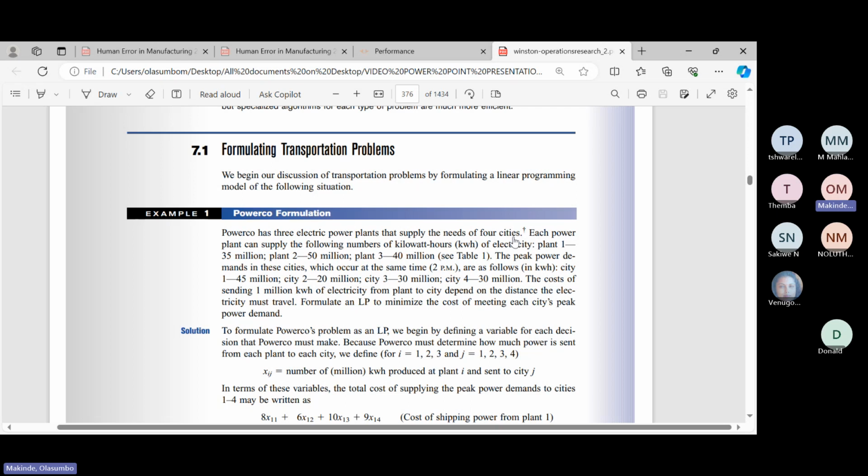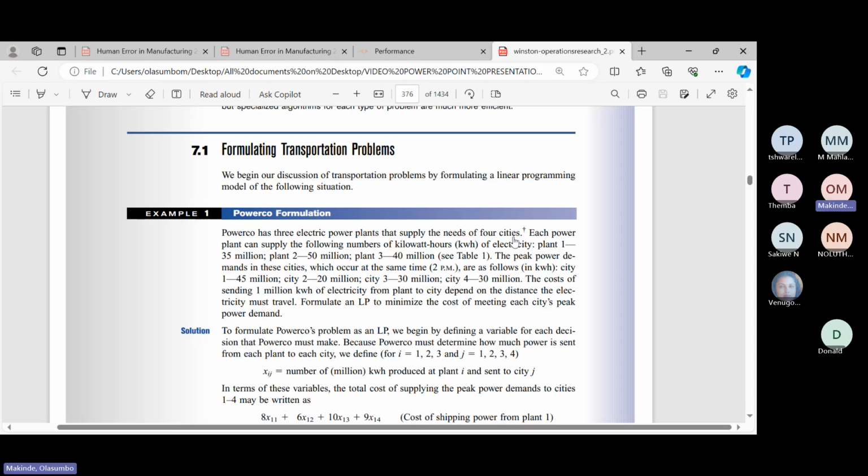Plant 3 can supply 40 million of what? It can generate and supply 40 million kilowatt hours of electricity. So those are the capacities of the suppliers for the 3 plants. That means in this problem, we have 3 suppliers. So that is what we have noted.